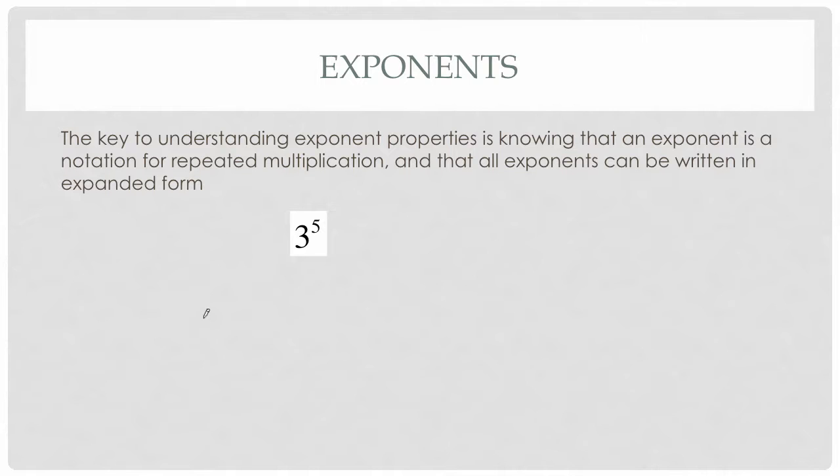An exponent is simply a notation for repeated multiplication. It all comes down to understanding that 3 to the 5th power, 3 is our base number. This 5 here is our exponent. And all that is telling you is 3 to the 5th power means I have 5 3's all multiplied together.